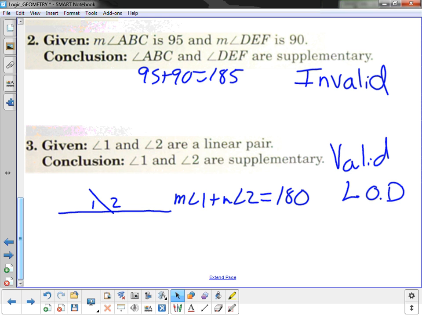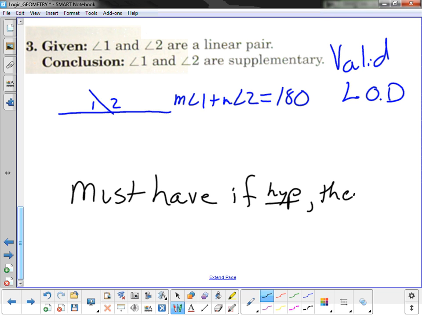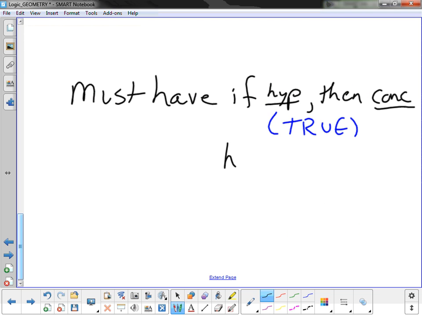So for the law of detachment, you must have an if-then statement. And it has to be a true one. And you must have something where the hypothesis is given.